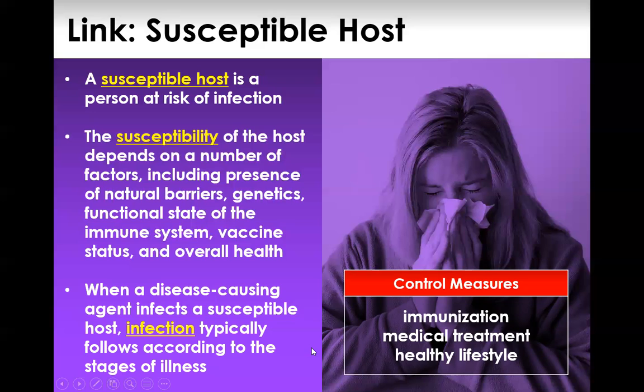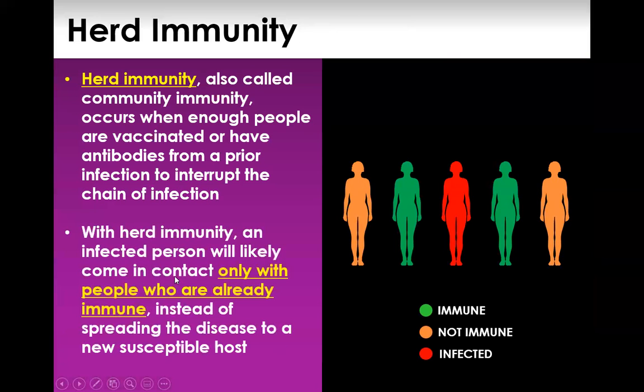Some patients do not have accessibility to medical care. Also, a healthy lifestyle is going to be important. And what does that mean? Eating plenty of fresh fruits and vegetables, water, hydration is key, and exercising. Those are all things we can do to protect our immune system.